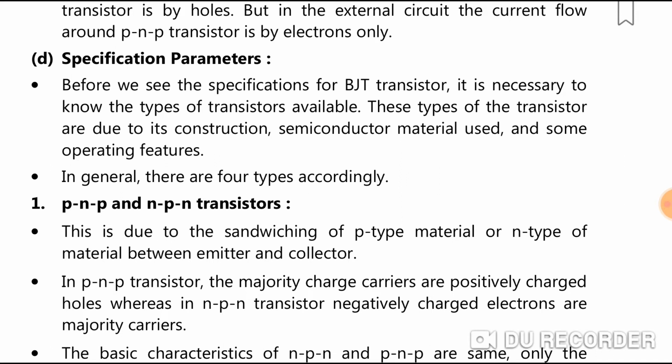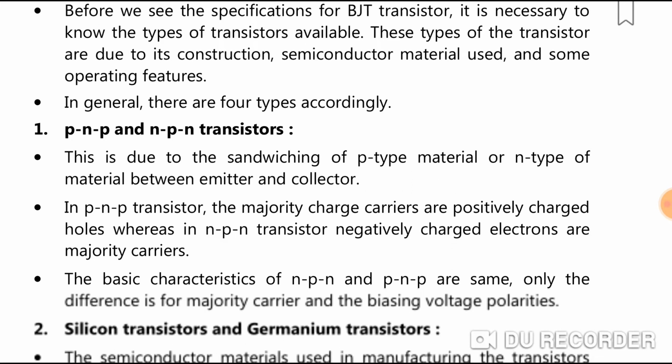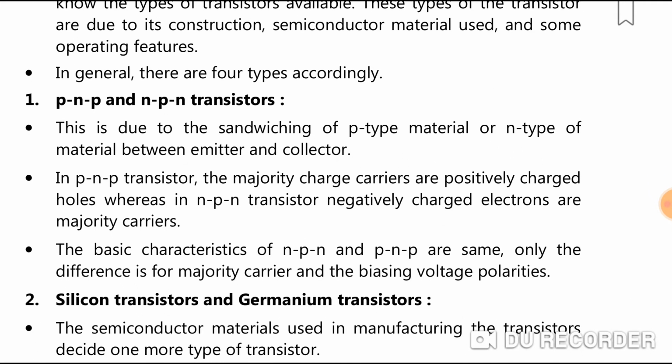So, specification parameters. Before we see the specifications for a BJT transistor, it is necessary to know the types of transistors available. These types are due to construction, the semiconductor material used and some operating features. In general, there are two types accordingly, PNP and NPN transistor.